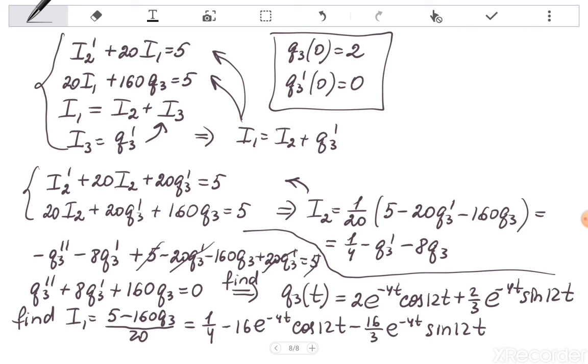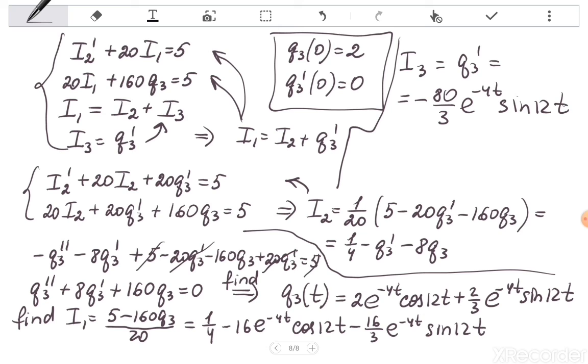So you know I1. You can know also I3, right? I3 is Q3 prime. So just take the derivative. Okay, when we take the derivative overall, we get minus 80 over 3 e to the minus 4t sine 12t.